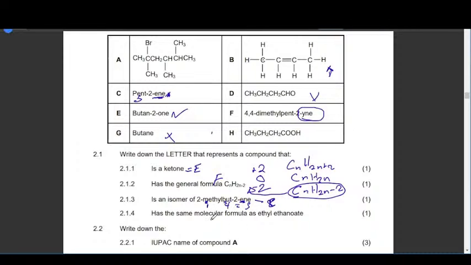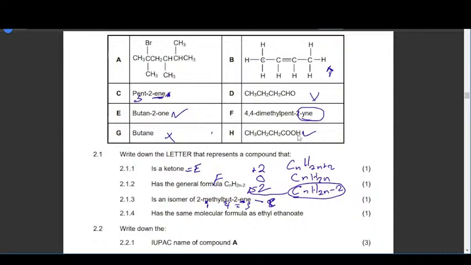Then it has the same molecular formula as ethyl ethanoate. So ethyl ethanoate, you find out that the answer becomes this.